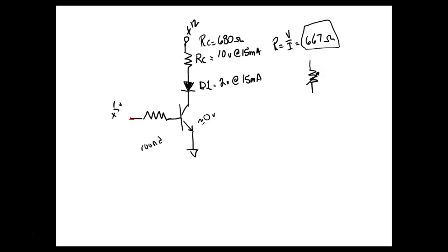Could be milliwatts, yeah. 150 milliwatts. So we use a quarter watt here. Usually when you deal with milliamps, most of the time you're going to end up with milliwatts. I'm not saying you always will, you know, if that was a 50,000 ohm resistor.